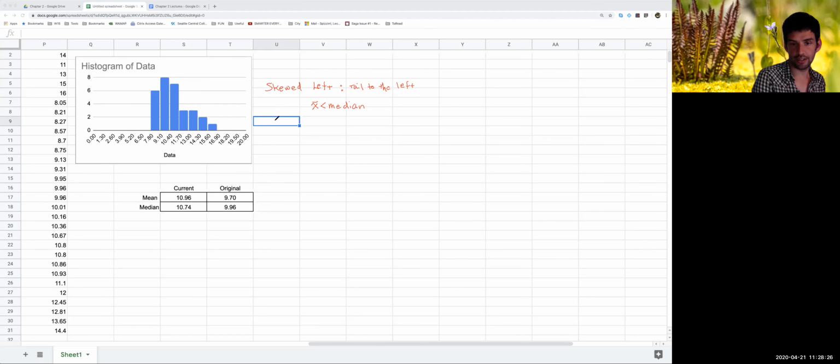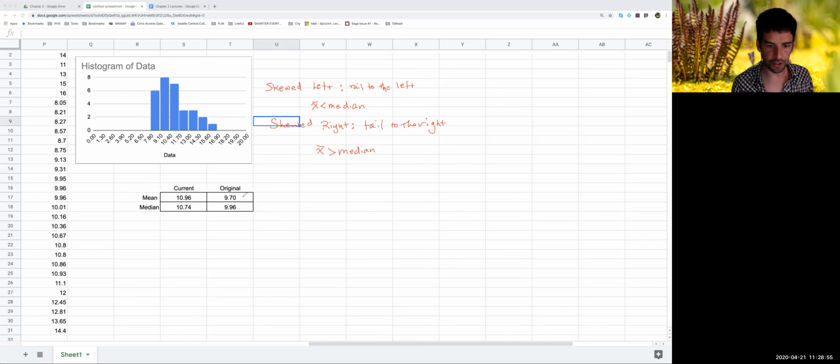So we've got now data that is skewed right. All right, there's a tail to the right. And now, if you notice, the mean is larger than the median, right?